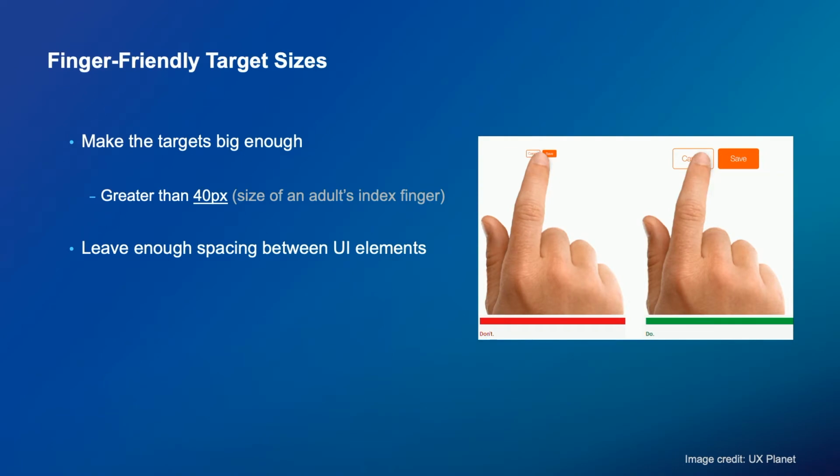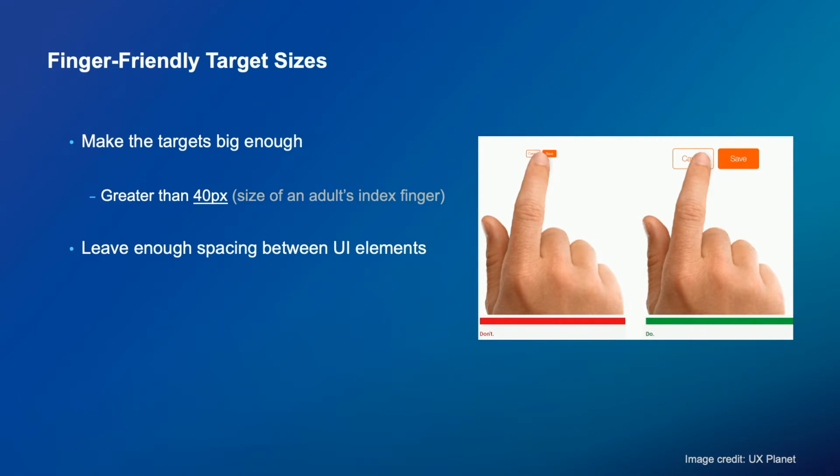The second one is the finger-friendly target sizes. So what this means is to make any of the clickable or tappable targets, such as buttons, links, or menus, big enough for a person's finger to tap. Here, my suggestion is to make the target size larger than 40 pixels for any primary targets.